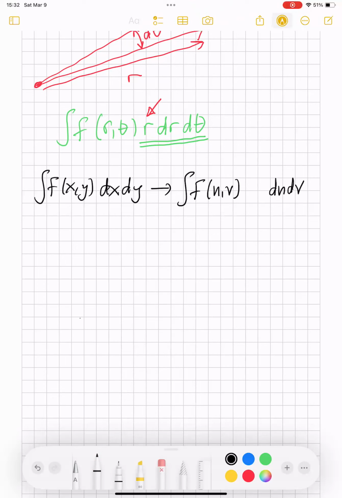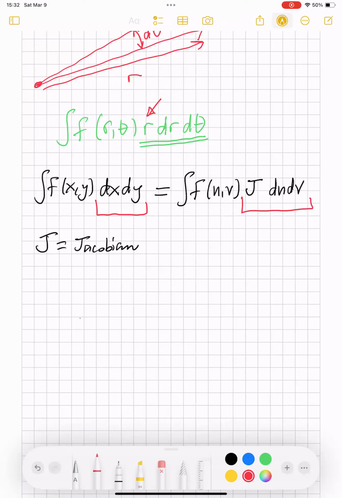And what we need to have here is something called the Jacobian, J. So J is the Jacobian. The integration measure, dx dy, has turned into the Jacobian times du dv.